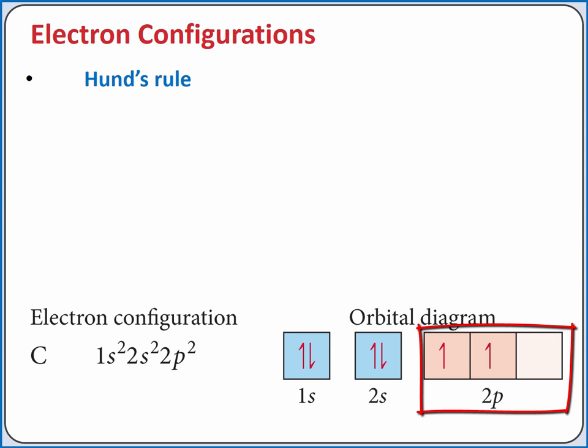According to Hund's rule, we fill degenerate orbitals singly first with parallel spins before doubling up 2 electrons in the same orbital. So our orbital diagram for carbon will have those 2 electrons in 2 different p orbitals with parallel spins.